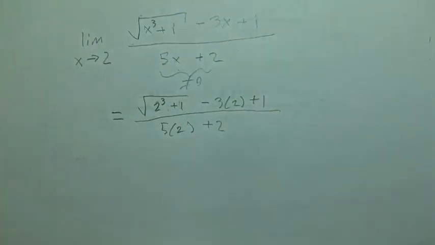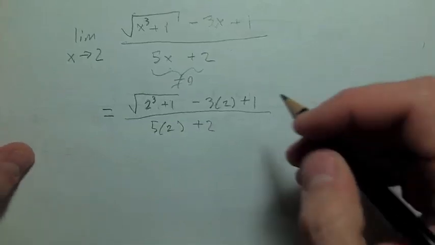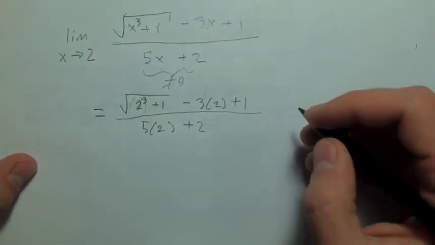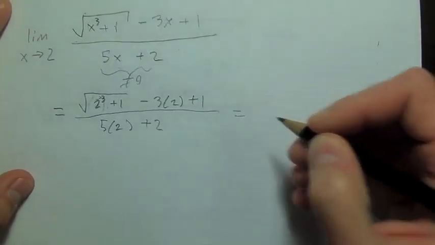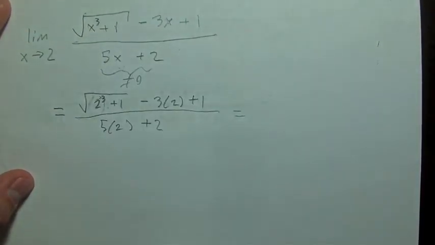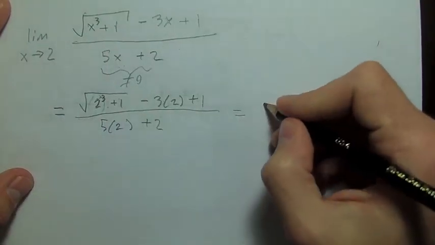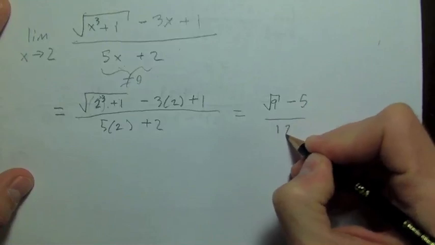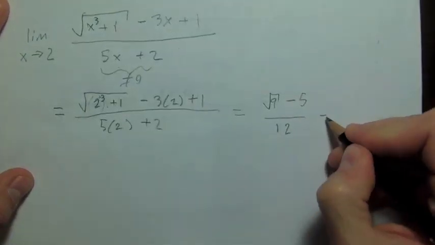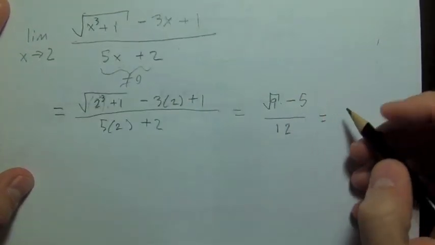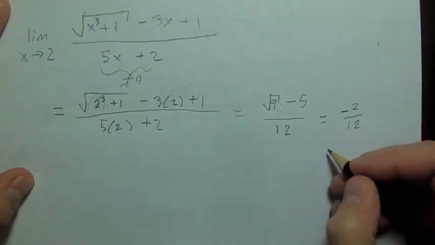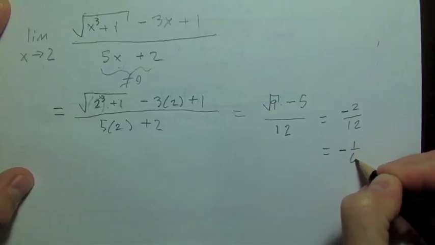Usually you don't have to write every little thing here, but just so you know, we are just taking all of our x's and replacing them with 2's at this point. So this is going to end up being square root of 9 minus 5 over 12. So that's 3. So we're going to end up with negative 2 over 12, which is negative 1/6.